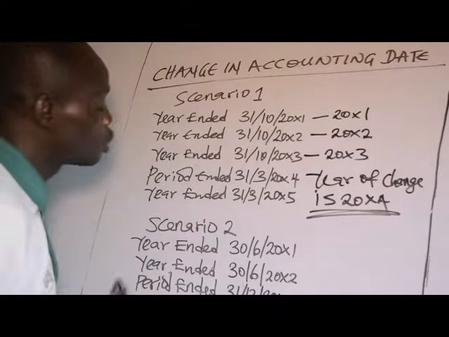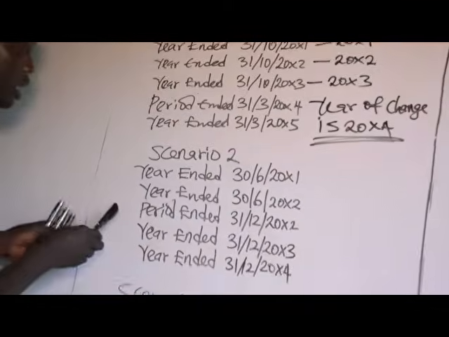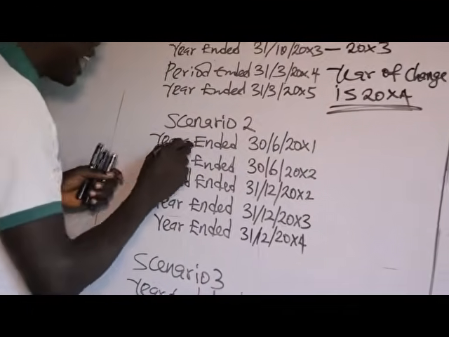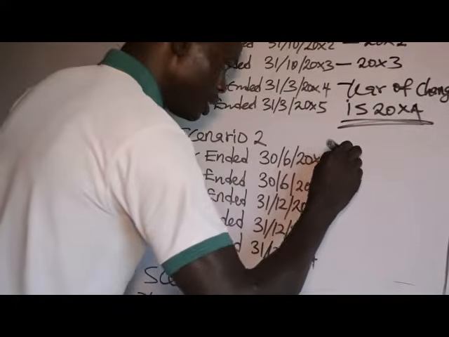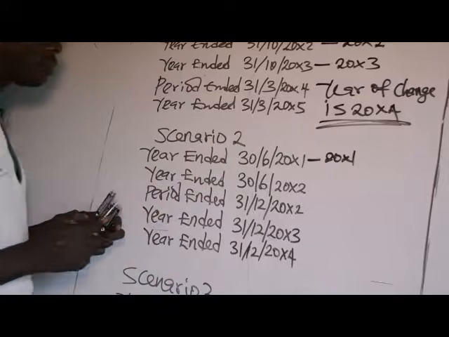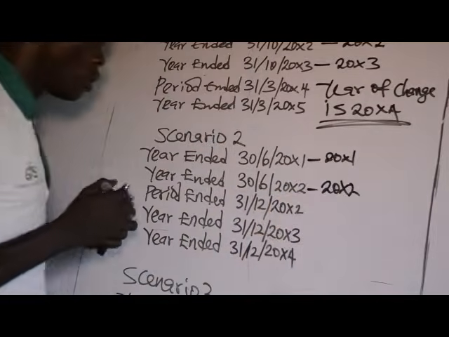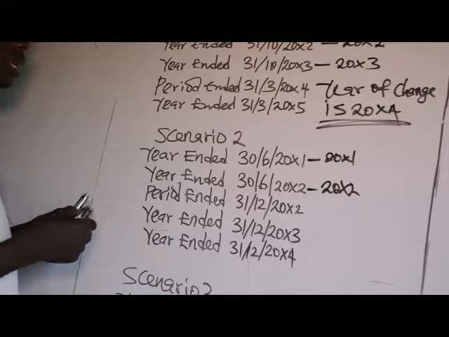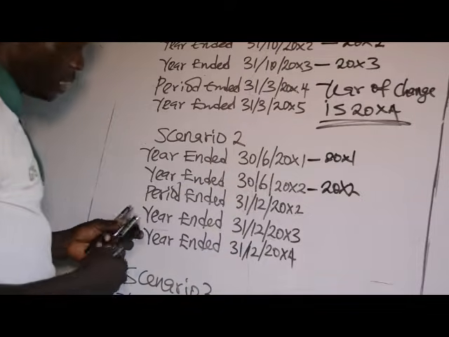Now, let's look at scenario 2. This entity adopted June 30 in 20X1. In 20X1, the year end is June 30. In 20X2, the same year end was adopted. Then you are expecting June 30 in 20X3.